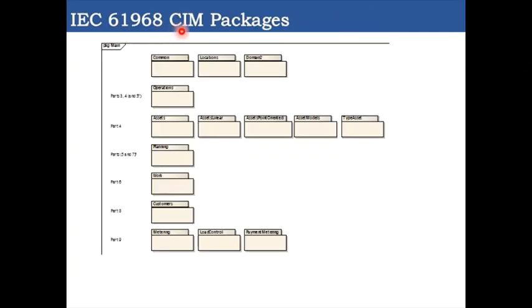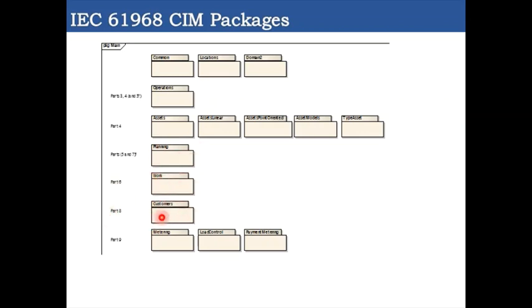IEC 61968 SIM packages. In the 61968 SIM package, we can arrange the folders into various parts. The operations folder is part of parts 3, 4 and 5. In part 4, mainly the asset related folders are arranged. Part 5 and 7 talk about planning. Part 6 talks about work.